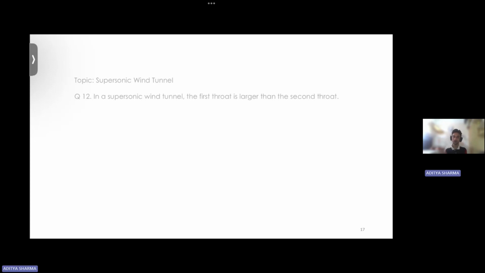To accommodate this normal shock, the throat area of this diffuser has to be larger than the throat area of this nozzle. Only then will it be possible for this throat to accommodate the shock, right?